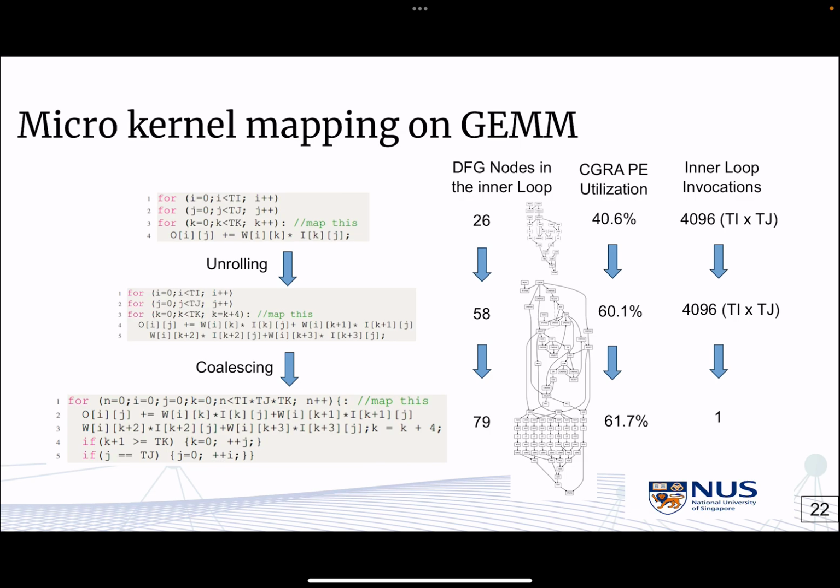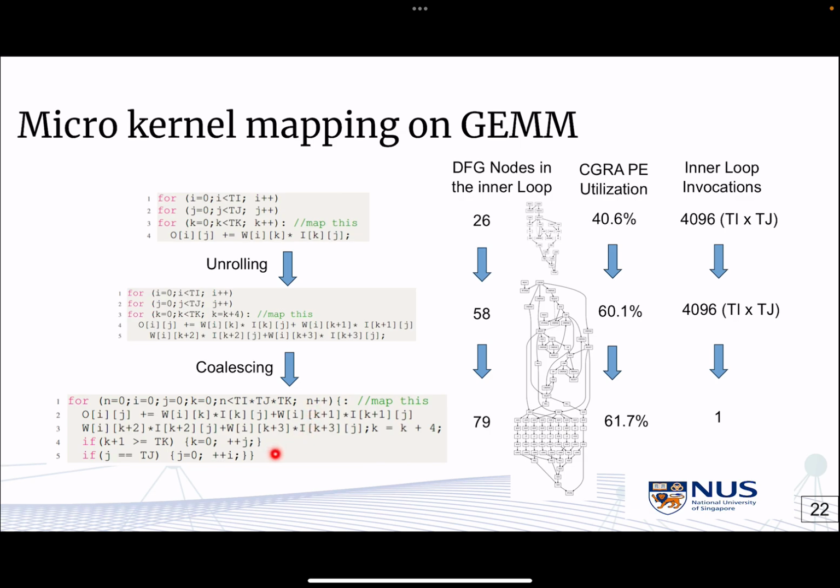In order to get rid of these inner loop invocations, we can use the loop coalescing optimization. In the final example, we have coalesced the loop by converting these 3 loops into one loop, introducing if-else control flow statements into the inner loop body.